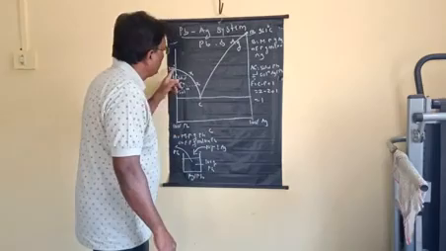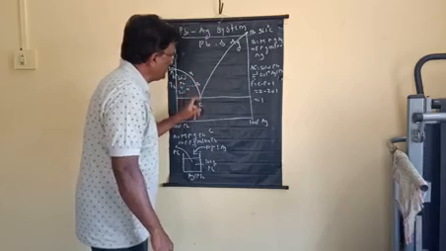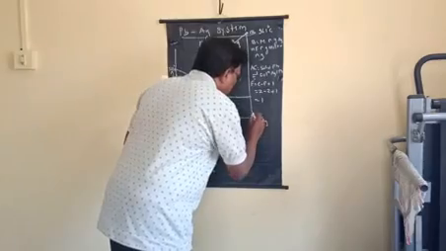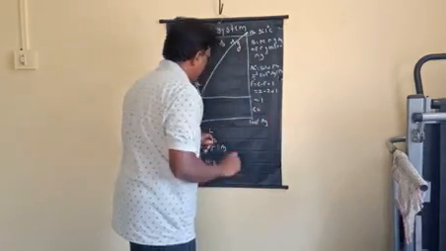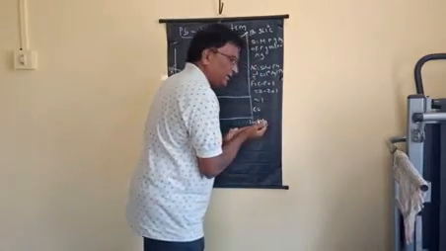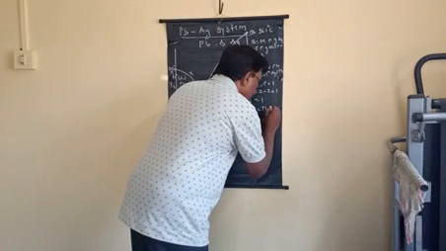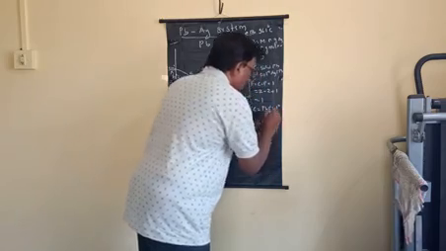Now, as soon as we reach point C, solid Ag also separates out, and therefore at point C, three phases are in equilibrium, that is solid Pb, solution and solid Ag.